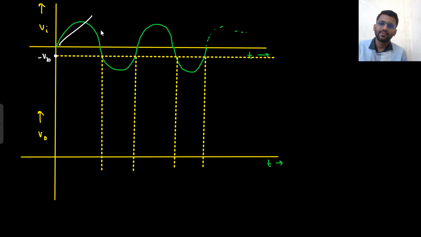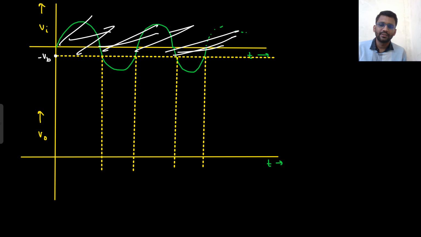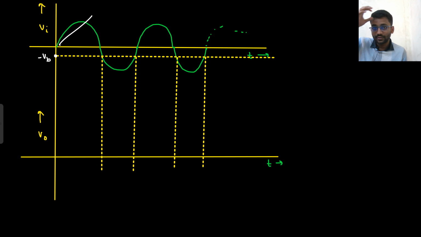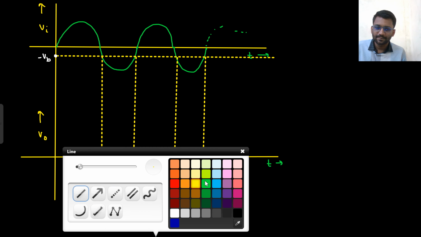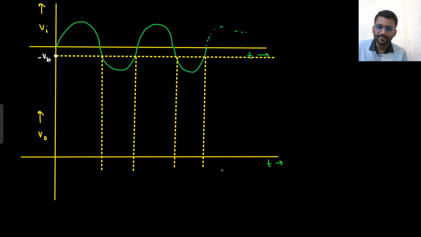When V in is greater than minus Vb, that means for all these points, your output will be equal to minus Vb.